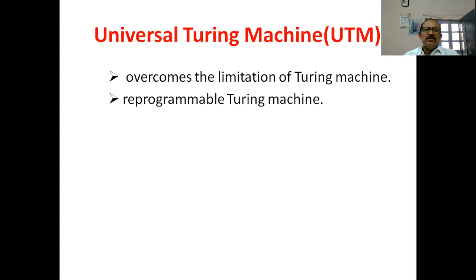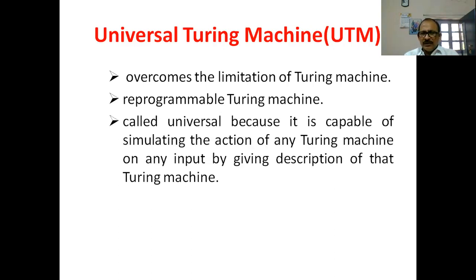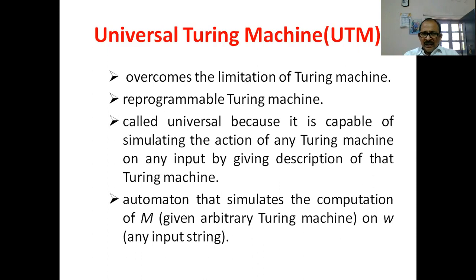It means the Universal Turing machine simulates any Turing machine, simulating the computation of the Turing machine on W, any input string. Like a digital computer takes a program and input and performs the operations, in the same way the Universal Turing machine takes the description of the Turing machine and input and performs the operations.